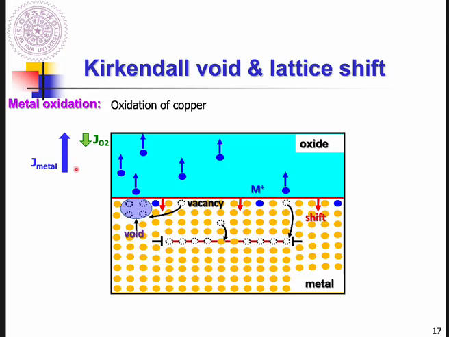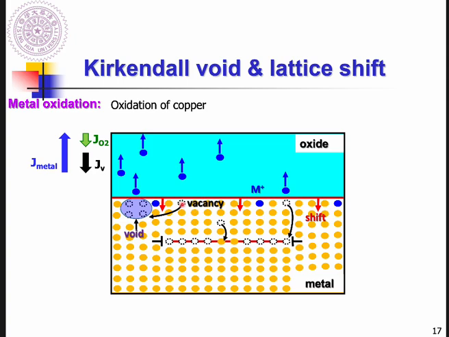As we mentioned, the net flux should be equal to 0 at any plane of interest inside your material. In this case we have a metal flux larger than the oxygen flux, so that leads to a vacancy flux moving downward.